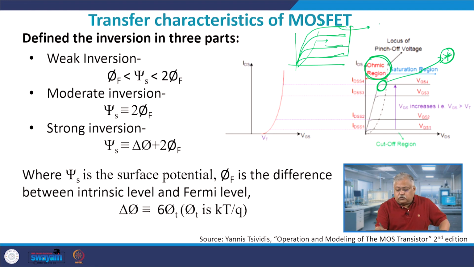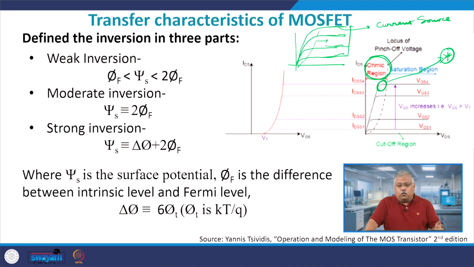This is the place where it behaves as an ideal current source with very high impedance. On the left hand side is the ohmic region, which depends on the value of the gate voltage. The higher the gate voltage, the lower the resistance and the higher the conductance.